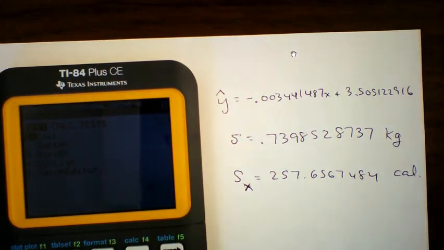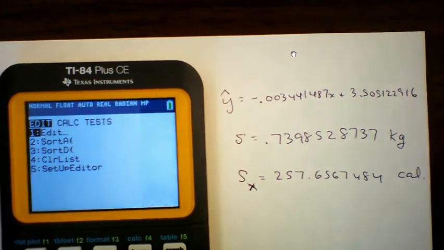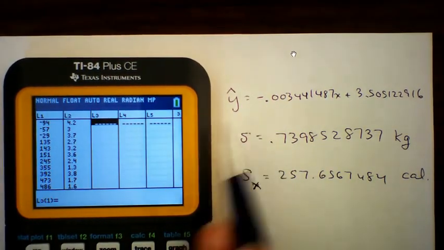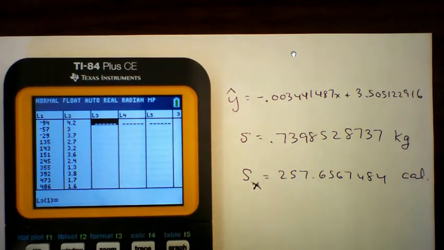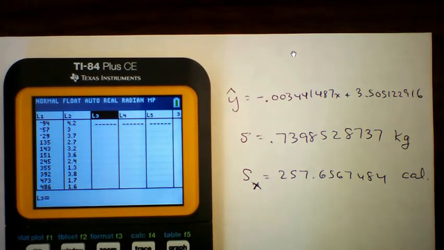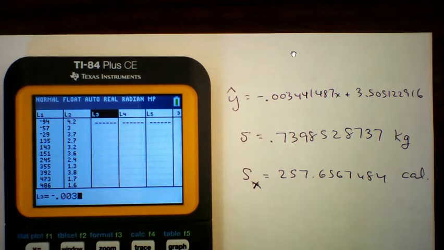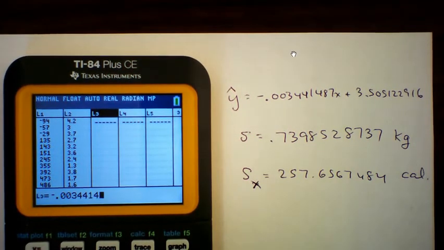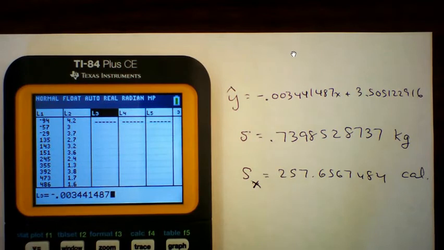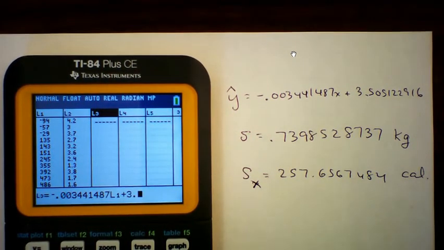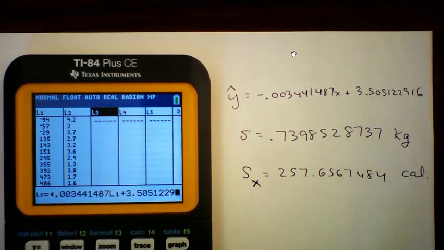But, okay, so let's go over to the calculator. At some point, we have to put our predicted equation into the calculator in order to figure out what the residuals are. So we've got our x, we've got our y. Here's where I'm going to put the predicted y. So typing that in, 7, then my L1 list, plus 3.505122.916.